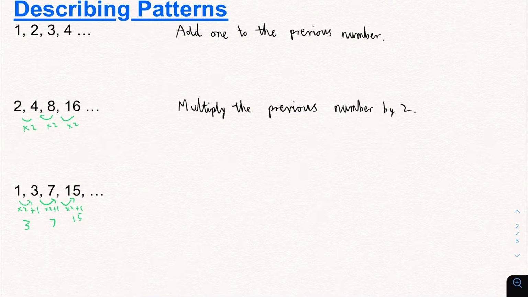So multiplying by 2 and adding 1 works. Generally you should be able to get it with trial and error in the describing patterns part. So what you say is multiply the previous number by 2 and add 1.